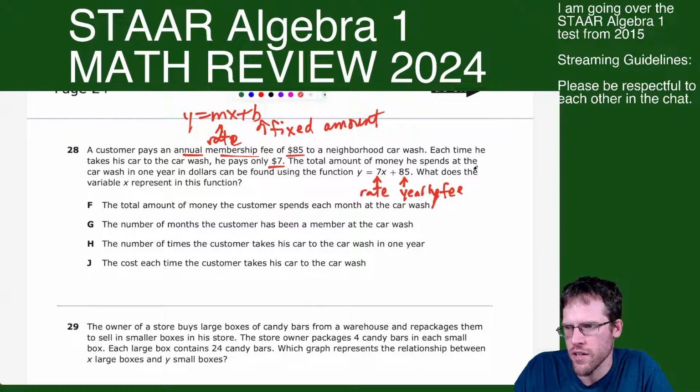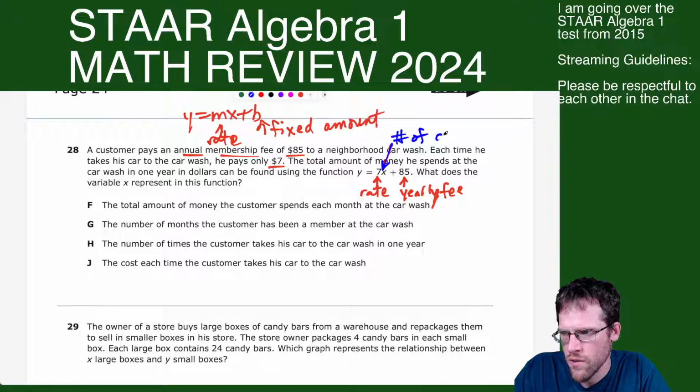What does the variable x represent in this function? Well, if they're paying $7 per car wash, x is the number of times they go to the car wash. So x, let me write this here in blue, is the number of car washes. So I guess you have to go a lot for this to be worth the membership.